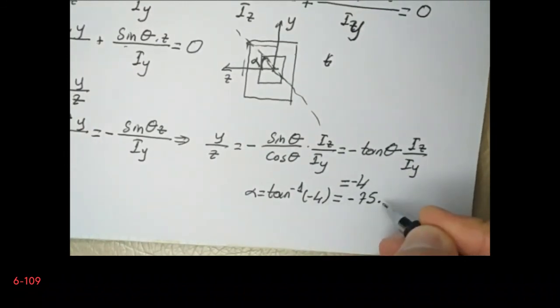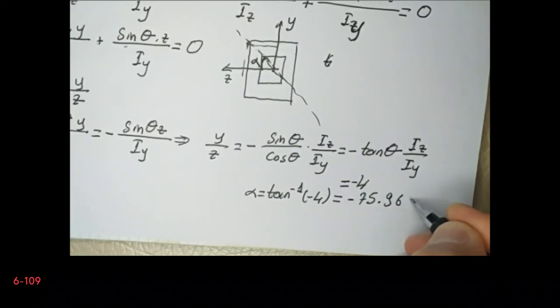So remember that we choose the direction of alpha as positive, so the neutral axis is oriented something like this.